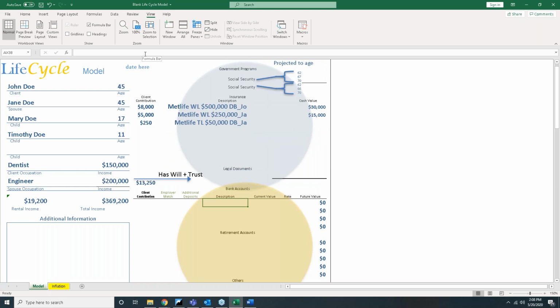So now we're going to go down to the yellow section here. So if you see here, we have client contributions, employer match, additional deposits, description. So this is the bank accounts section, this top third portion of the yellow section. So I'll put savings. Now for savings accounts, this is when we get into the percentage rates for everything.